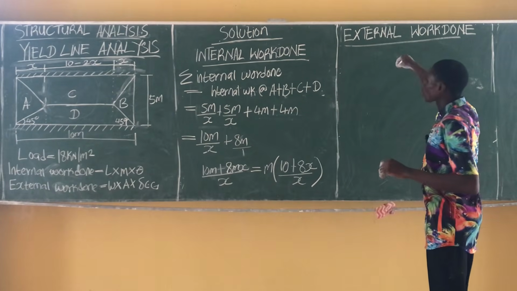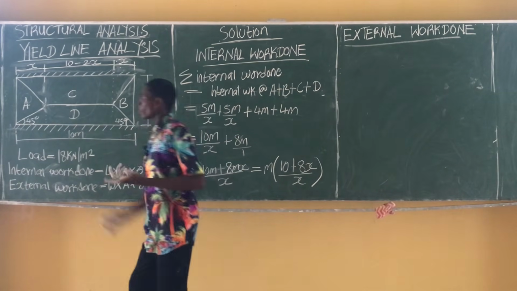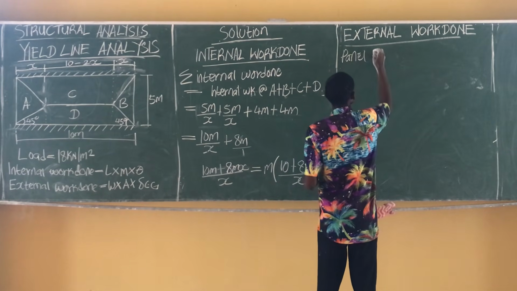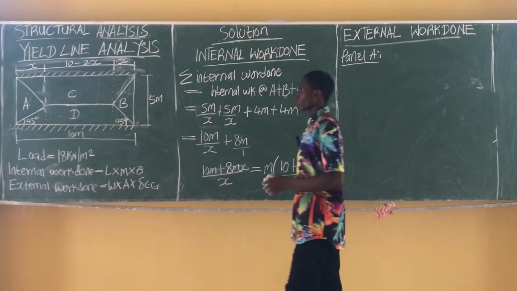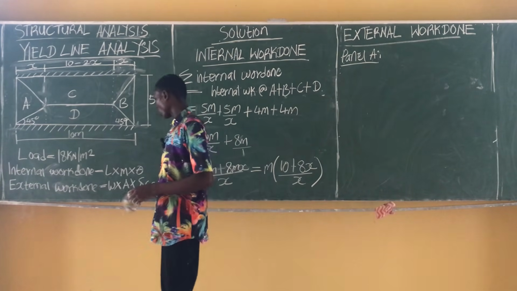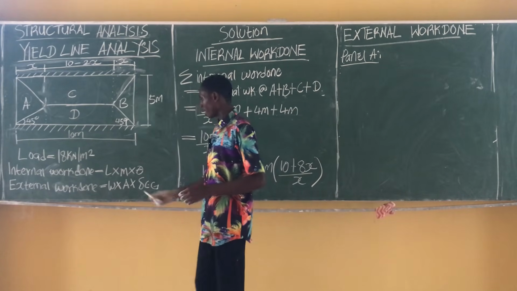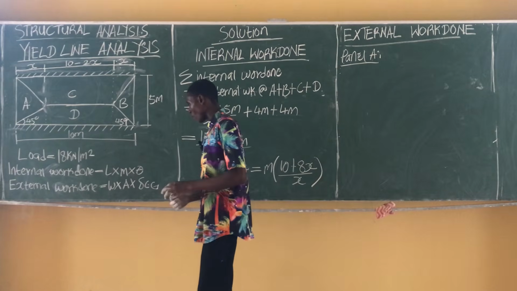So our external work done, we'll also be starting at this segment. Let me call that segment panel A. So at panel A, what is our external work done? External work done is simply equal to our load times the area of the segment times the deflection of the center of gravity.